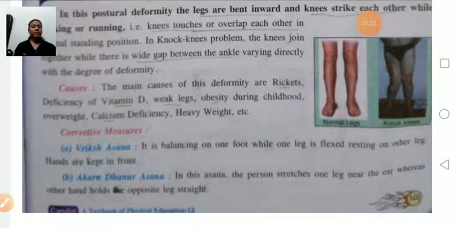And corrective measures, how can you correct it? The first is Vriksasan. In Vriksasan, you balance on one foot while the other leg is fixed, resting on the other leg, with hands kept in the front.